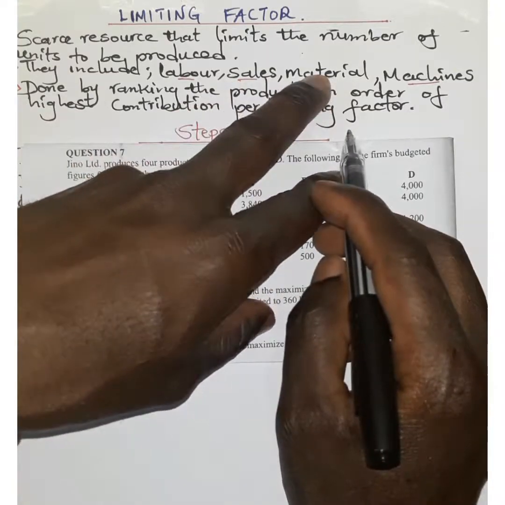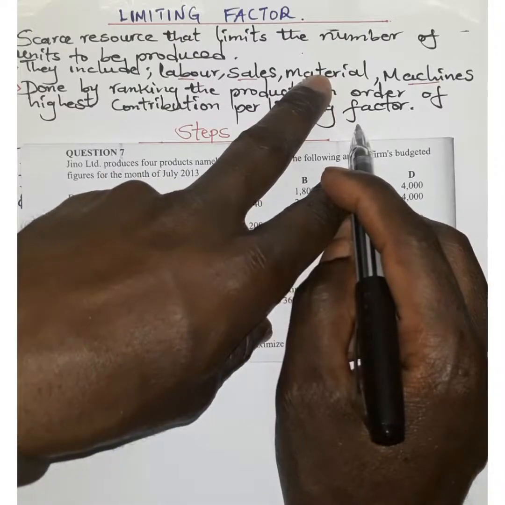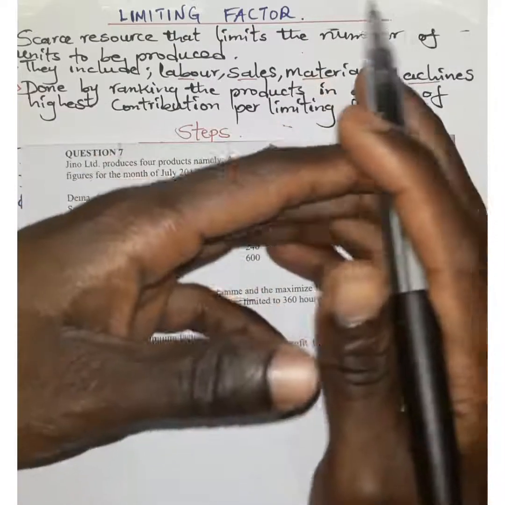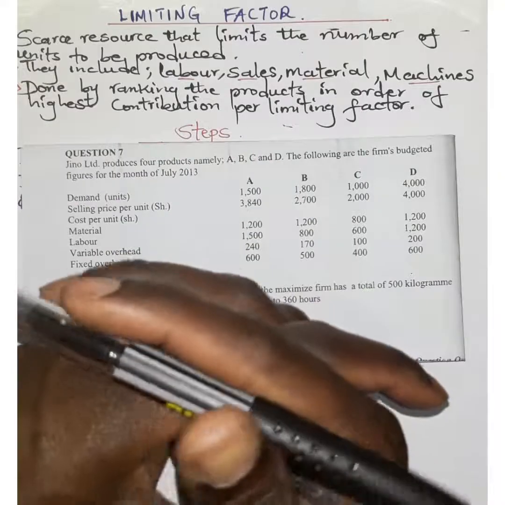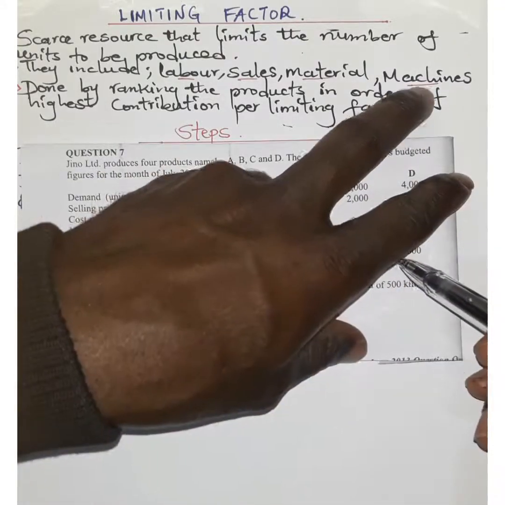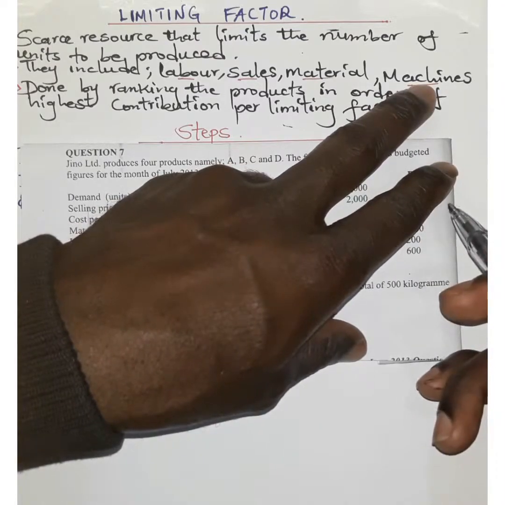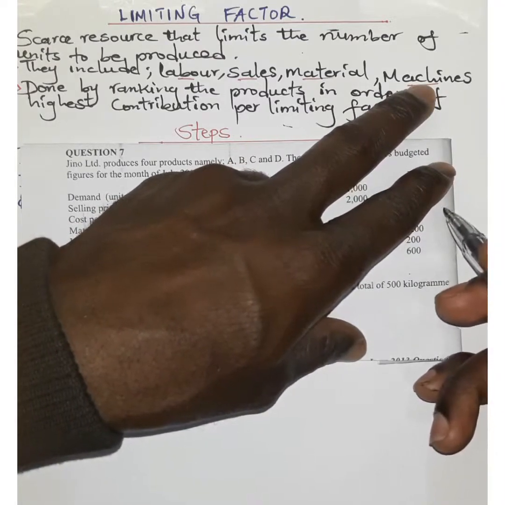Then material could be another limiting factor. For example, the raw material that we are processing to produce our products may not be in sufficient supply. And then lastly, we have the machines. Remember, the more machines we have, the better the efficiency in production.